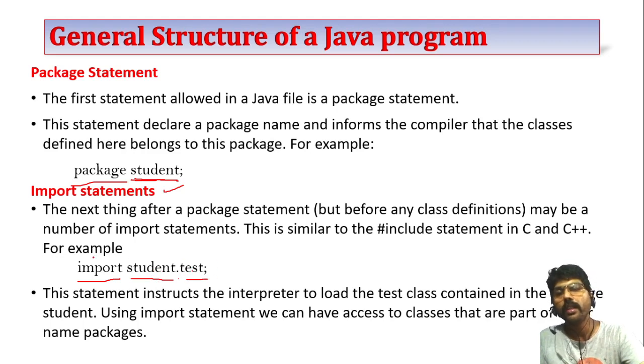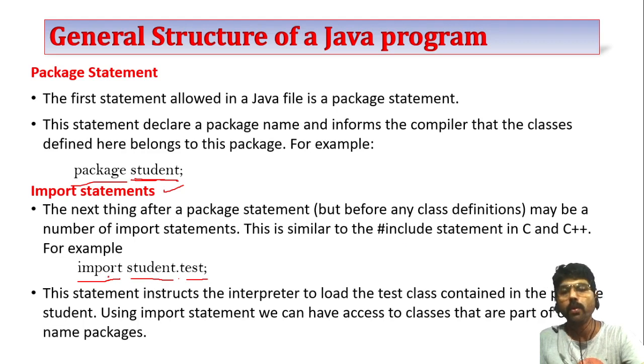The meaning here is, whenever I write a statement like this, it will call a class called test from the student package and load it into memory. This is just like a hash include statement in C and C++. But it has some changes here. Hash include is executed only at compile time.